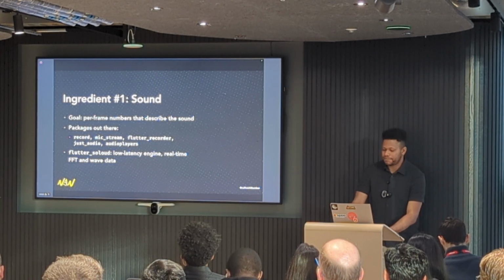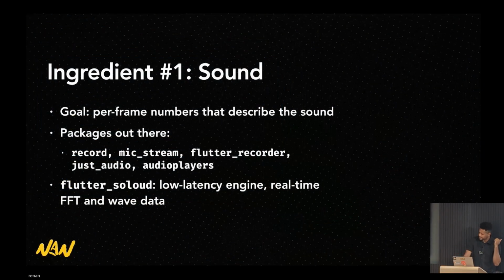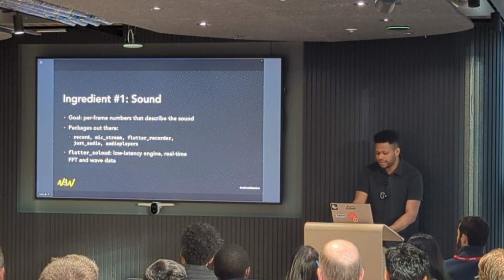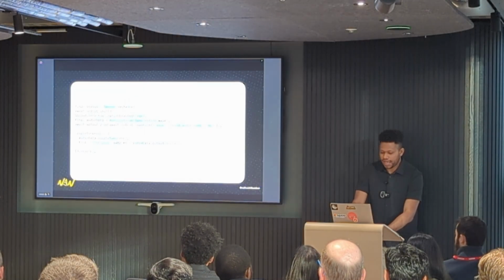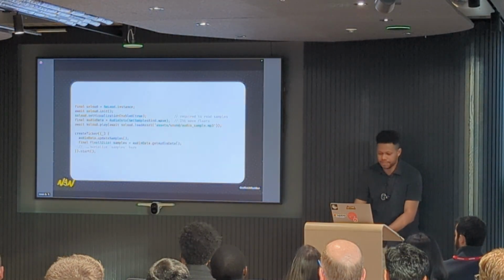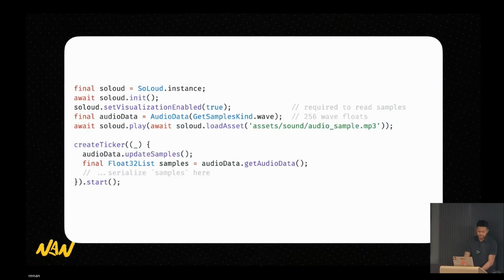So this steps into the territory of the last talk, where we have FFI doing FFI stuff to show a UI with a waveform. We need to do the same thing here. We have several packages to do that. I'm using Flutter SoLoud, which has this kind of snippet, so you can have the numbers that represent the frame of sound at a certain moment.